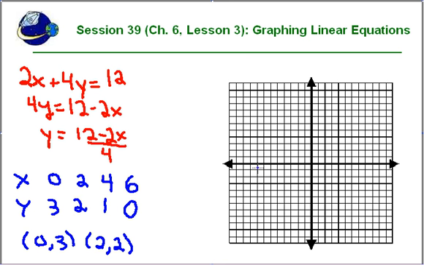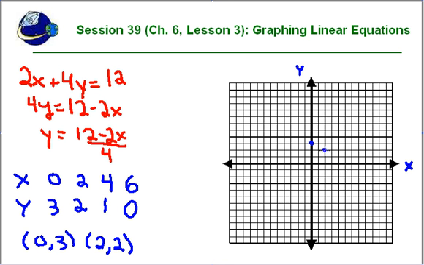So let's go over here and actually plot these points. This is our origin right here in the middle where the x and y axis meet. There's our x-axis, and there's our y. When x is 0, y is 3. So there's our first point. Our next point is x is 2, y is 2.